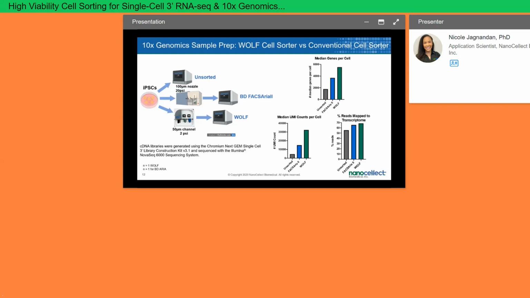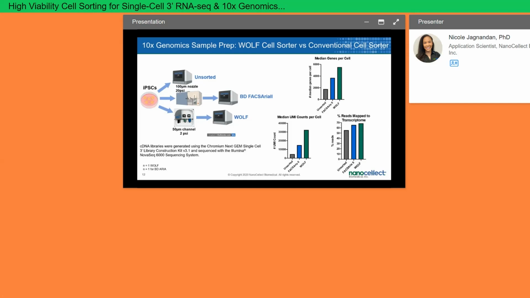Sorting also resulted in an increase in the percentage of reads that map to the transcriptome. Having a lower percentage of reads that map to the transcriptome indicates fragmented RNA or contamination. So this result shows that there was an improvement in the RNA quality and less contamination in the sorted samples.